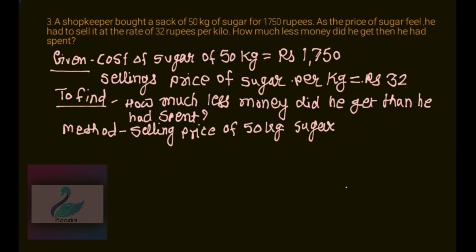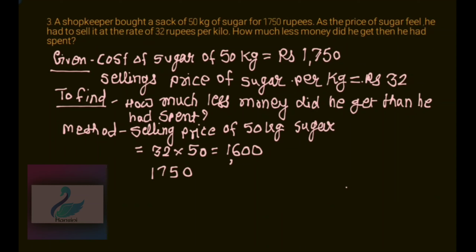The method is, you have been given the rate per kg of sugar, that is 32 rupees. So the selling price of 50 kg of sugar, you have to multiply by 1 kg of sugar, that is 32 multiplied by 50. You get the answer as 1600. Now you have to find out how much less money he got than he spent.